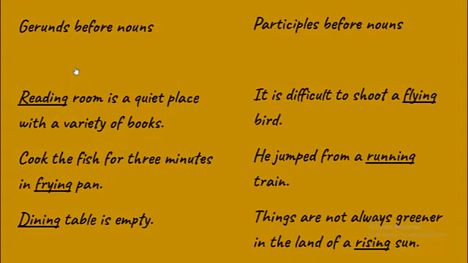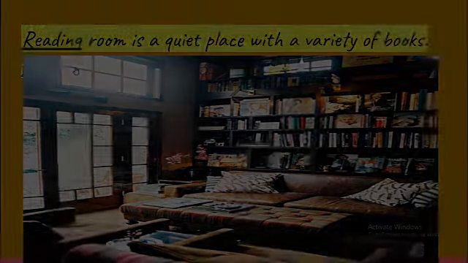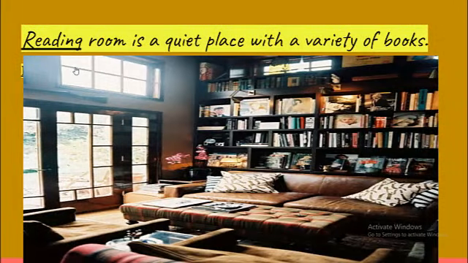I'm feeling like eating something. It is difficult to shoot a flying bird. A flying bird. He jumped from a running train. Running train. Things are not always greener in the land of the rising sun. They are always greener.